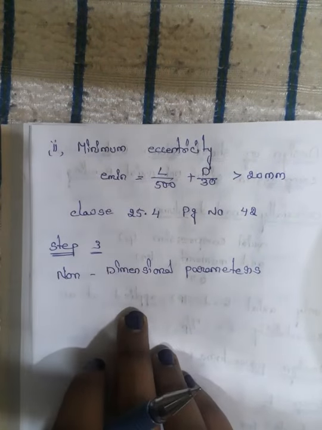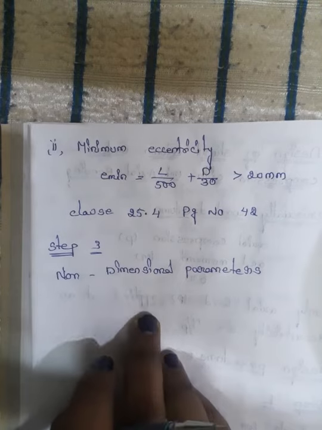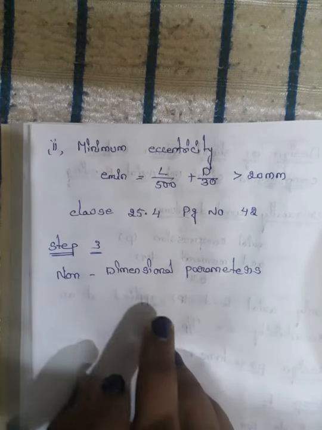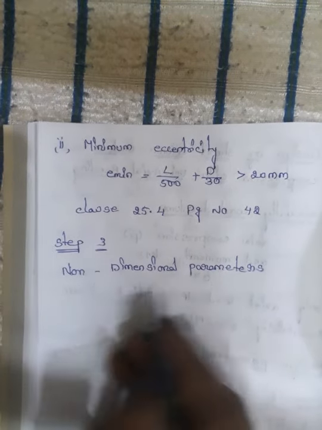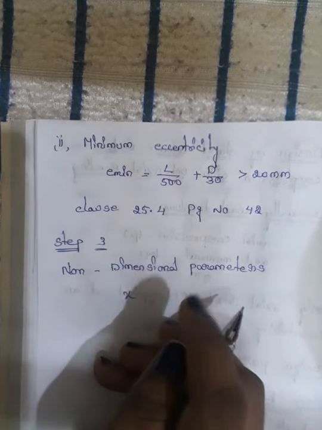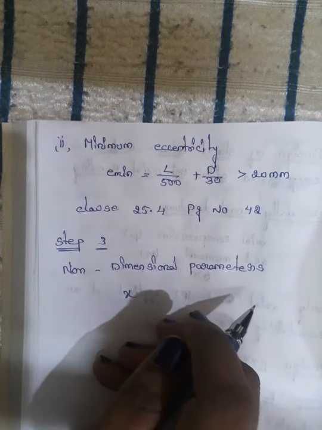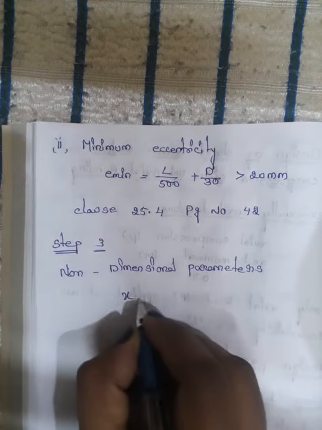These have been prepared and published by BIS in SP16, so the SP16 code book should be used to solve this. If we open SP16, from there we are going to take the values from the charts. So, x-axis.